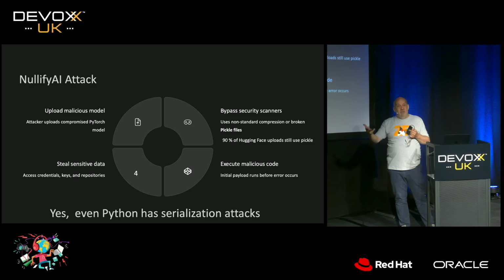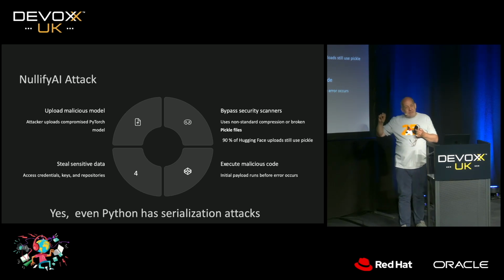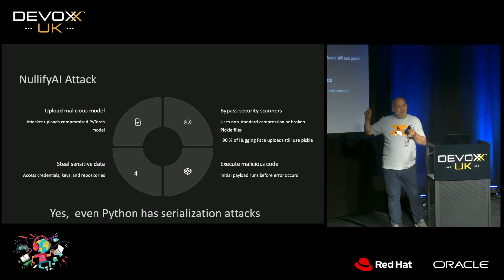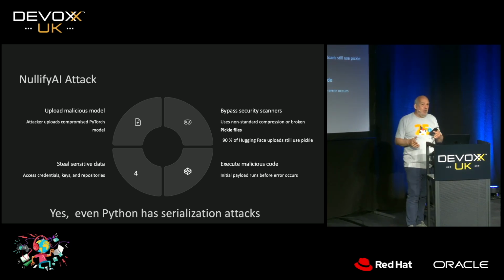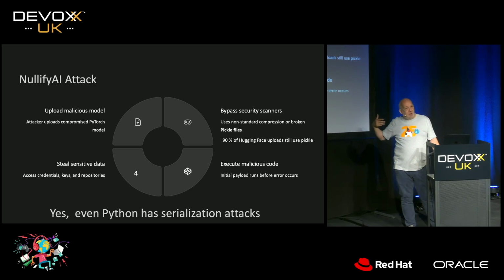You download it, you run it, boom, code runs. Remember that the bad guys don't need to complete to get value. If you run something for them and it fails halfway through, that's fine as long as the first bit works for them. Pickle unpacking may fail halfway through because it's encountered something wrong, but that doesn't matter. It may already have triggered.